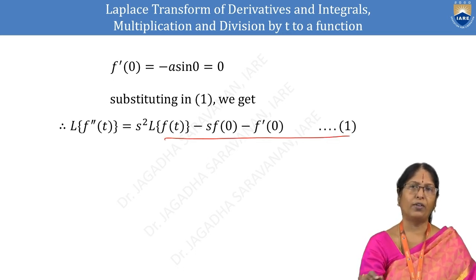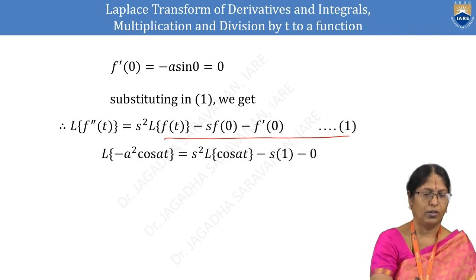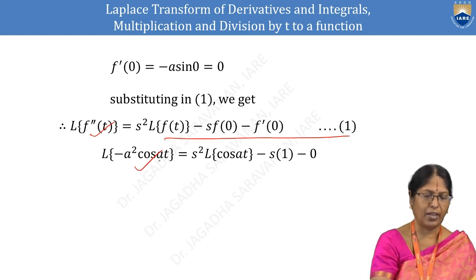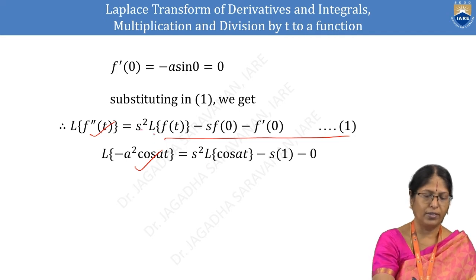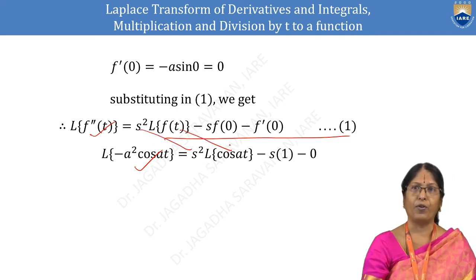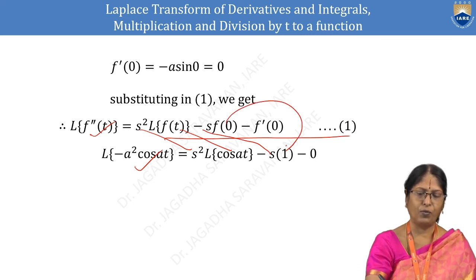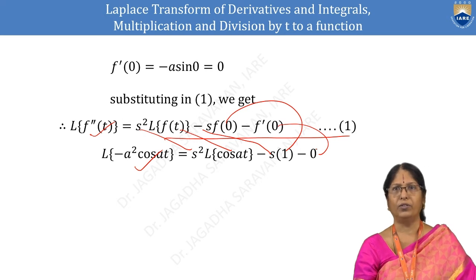Substituting in 1. So this is the first equation. In this, what are the values we got? We are going to substitute. So f double dash, here we got minus a square cos at, equal to s square L of f of t minus s. As it is, f of 0 we got as 1. F dash of 0 value we got as 0.